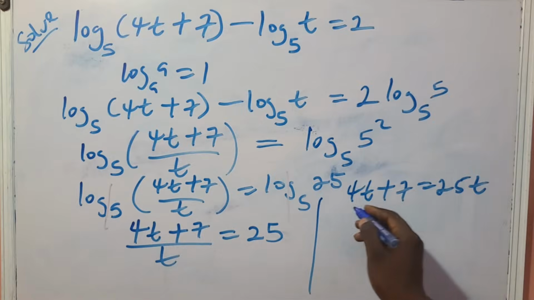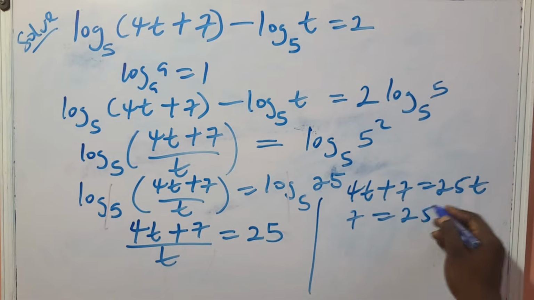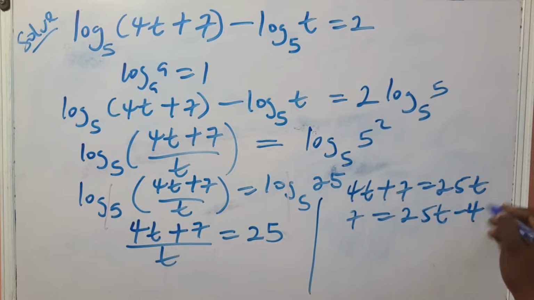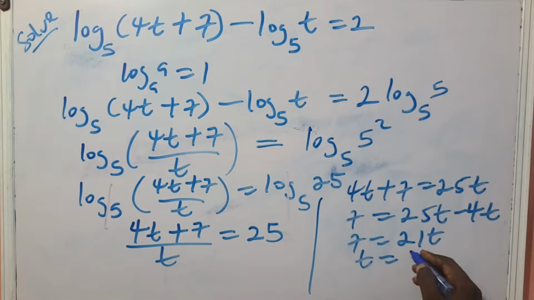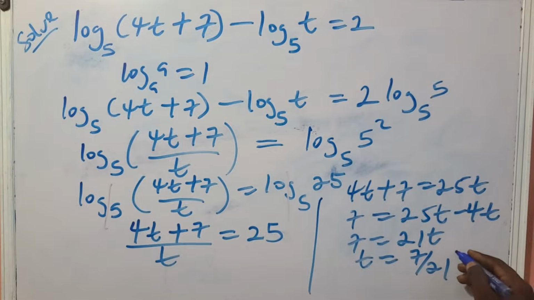I want to move the t's to one side, and I want to have the one without t on the other side. So this is what I'm going to get at the end, which will give me 1 over 3. That's just it. It's just basic. Very simple. You can't go wrong when you know the basics.